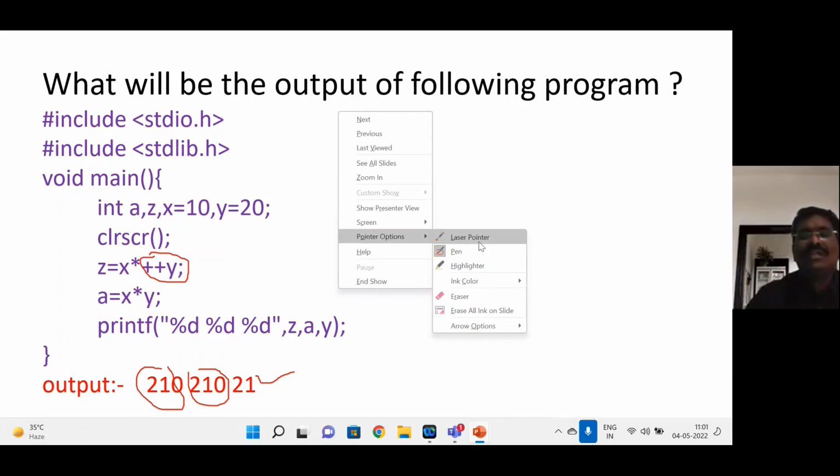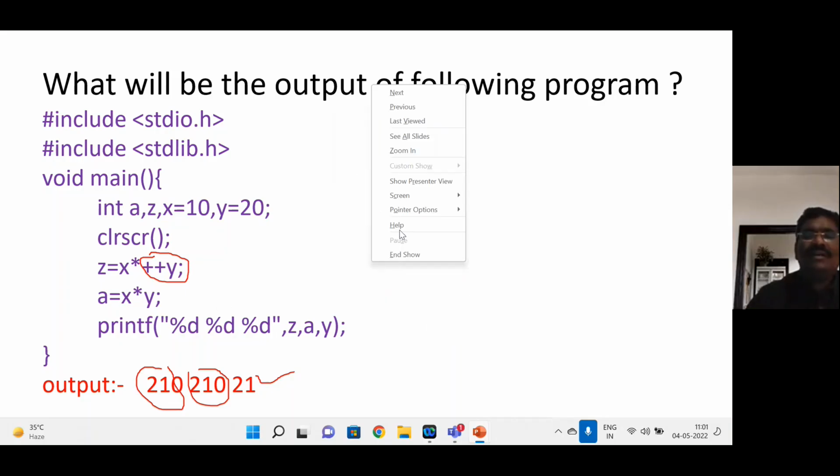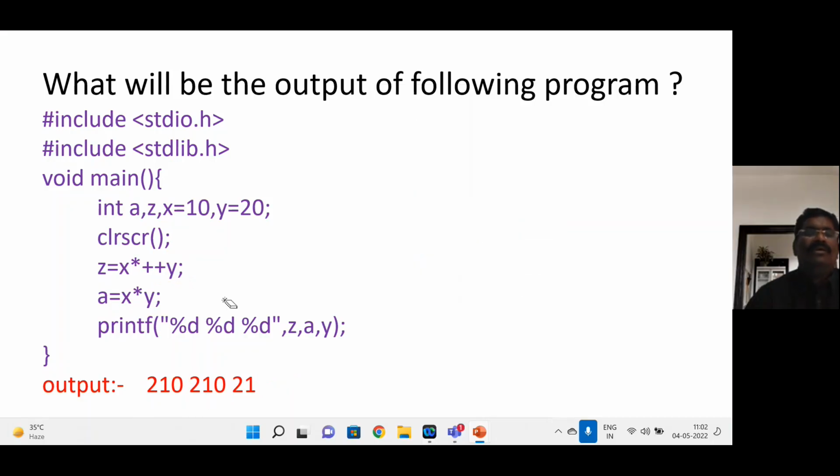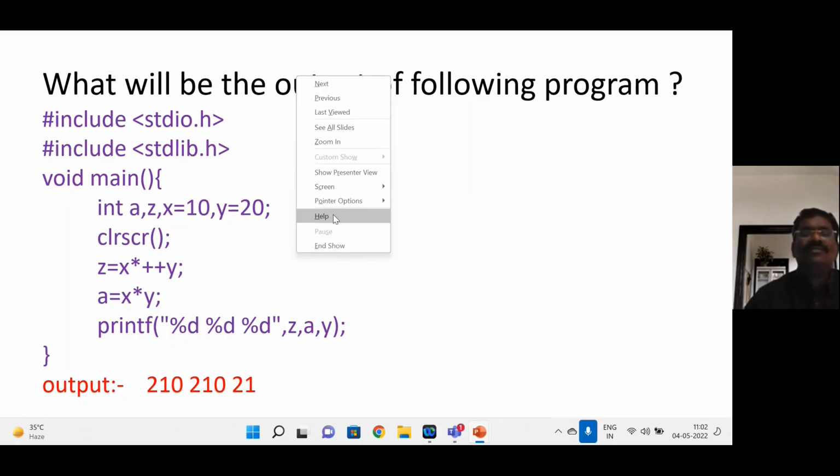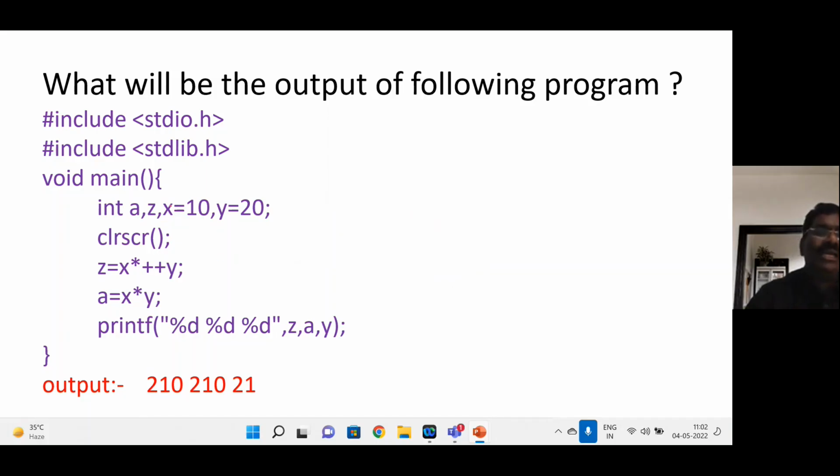Have you understood that? Okay, these are the values, right? I think you understood that. So here x is equal to 10, x is 10 into y pre-incremented, that is 21.